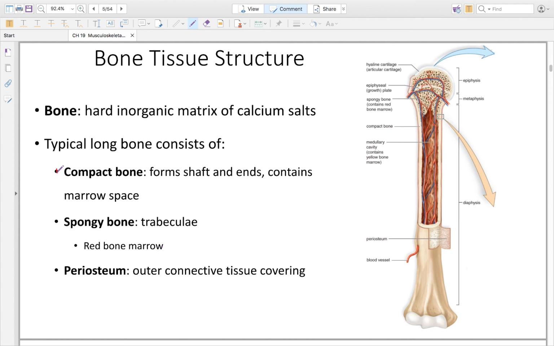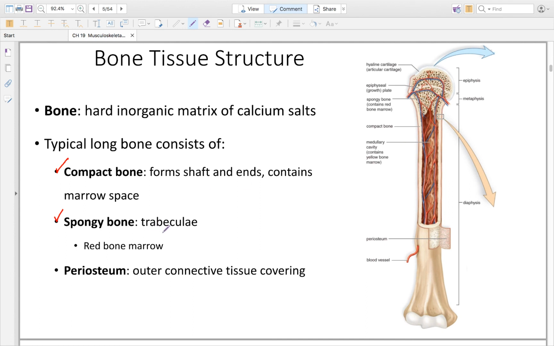Our compact bone makes the shafts and ends of our long bones, for example. They're compact, meaning the cells are tight, close together. That's why it's called compact bone.